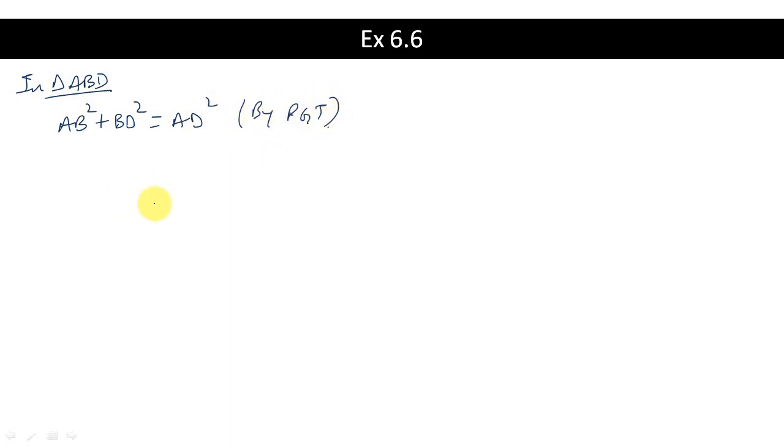So in triangle ABD, AB square plus BD square is equal to AD square. This is by Pythagoras theorem.